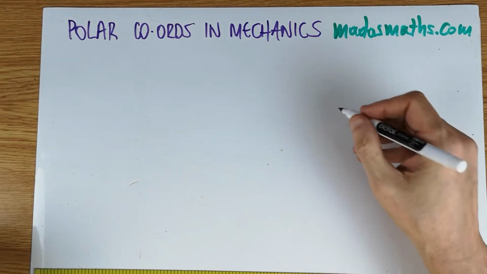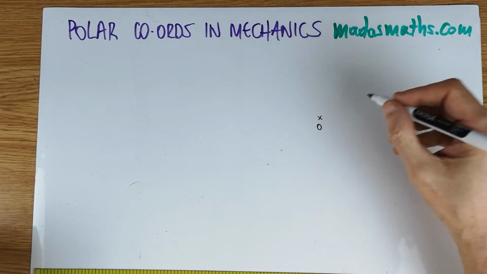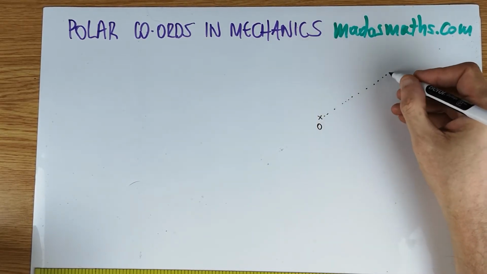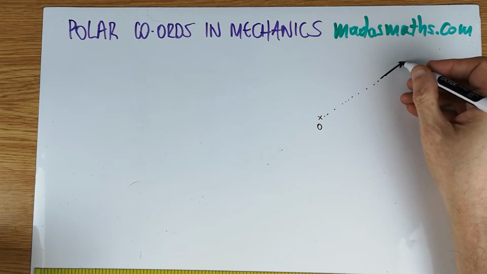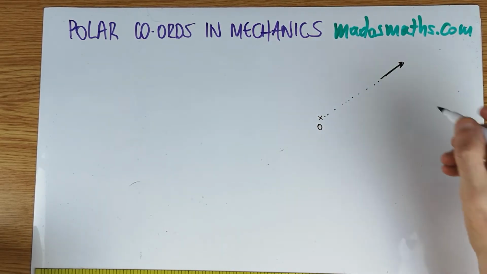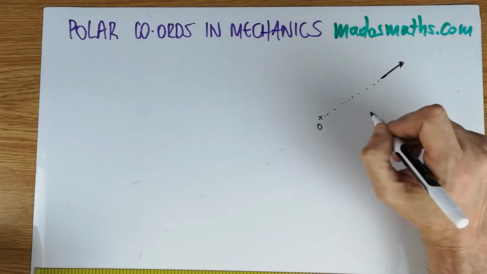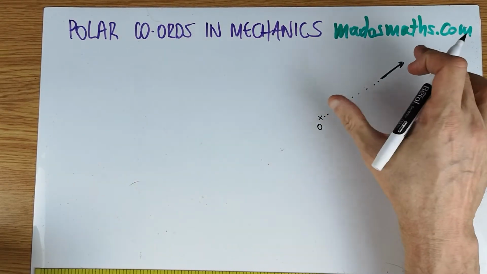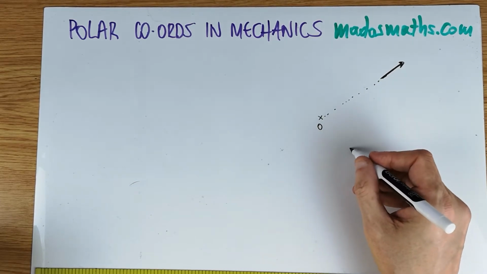So let's look now at a different type of vector, which is not constant. So suppose we have some kind of origin, and we have a vector, and let's say without loss of generality, that it has length 1, so it's a unit vector like the i and the j, and this vector is always radial.